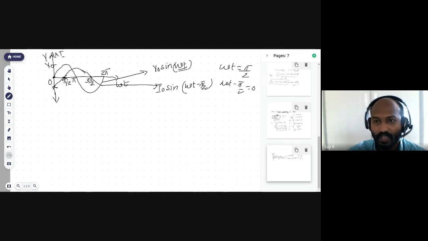The voltage and current simultaneously increase and simultaneously decrease. But here there is a lag between voltage and current, and the current lags behind the voltage by a phase difference of pi by 2.